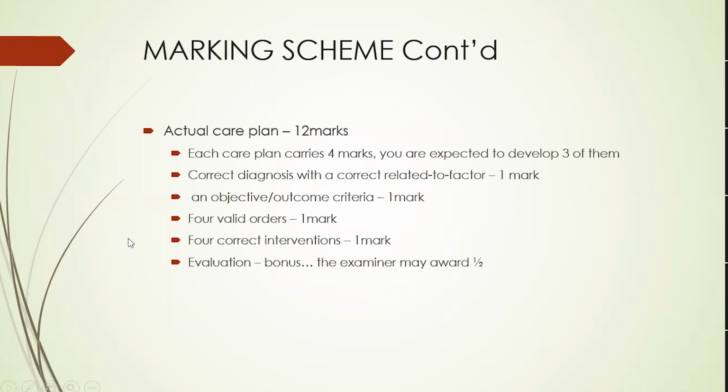So an objective and outcome criteria also carries 1 mark. That means that we have 2 parts of this objective and outcome criteria. So the objective is half and the outcome criteria is half. So if we are looking at pain, for instance, a patient's pain will be reduced within 30 minutes as evidenced by maybe nurse observing patient having relaxed facial expression in bed, and then the patient verbalizing reduction in the pain.